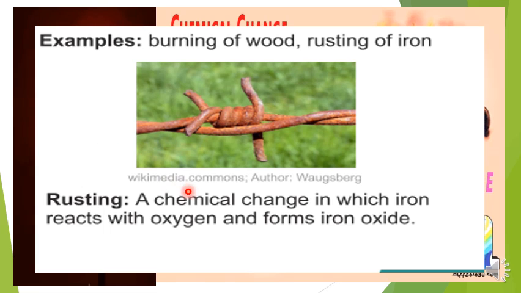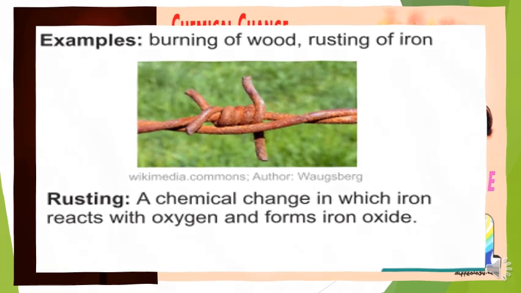Rusting of iron is a chemical change in which iron reacts with oxygen and forms iron oxide. This red color powder is called rust, which is formed due to the reaction of iron with moisture and oxygen in the atmosphere. So it changed into rusted iron.